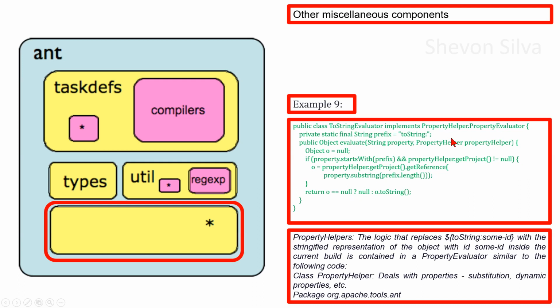The class PropertyHelper deals with properties, substitution, dynamic properties, etc.